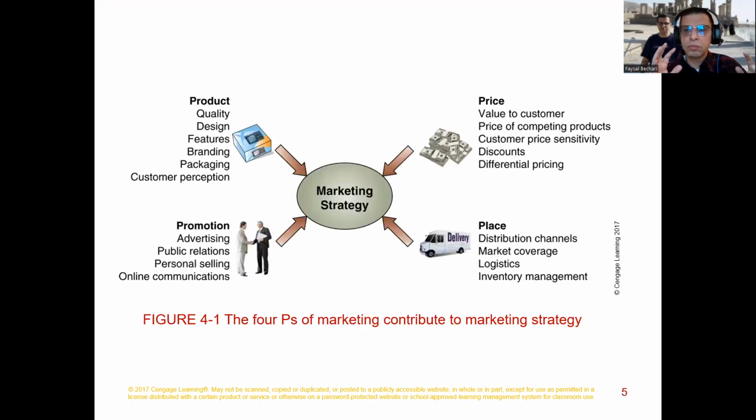So there are different issues that we need to look at. When we're looking at the products, we want to examine quality, design, features, branding, packaging, and customer perception. When it comes to pricing, we need to examine the value to the customers, price of competing products, customer price sensitivities, discounts, and differential pricing.